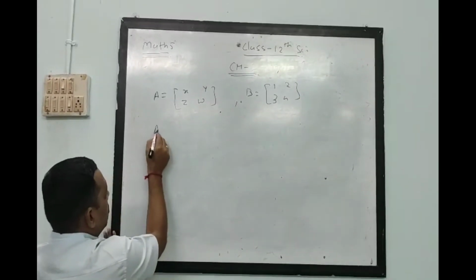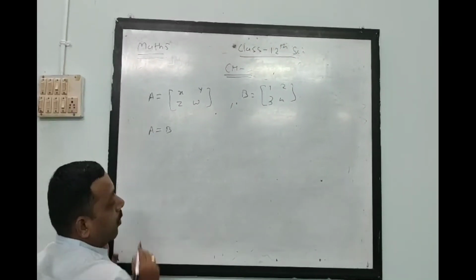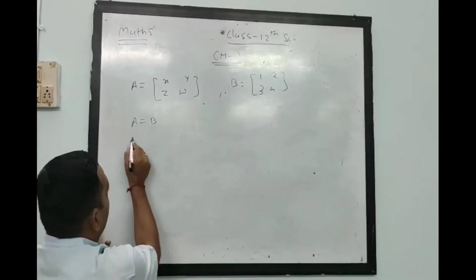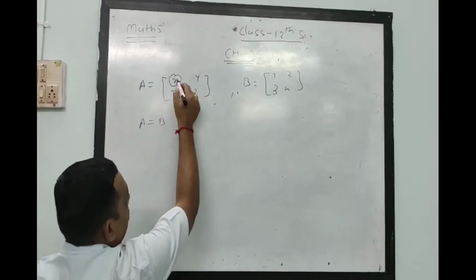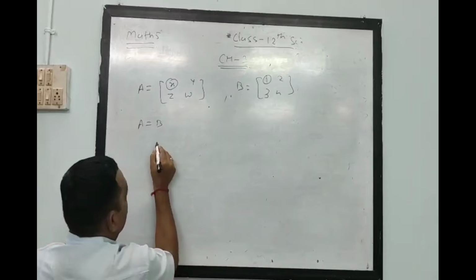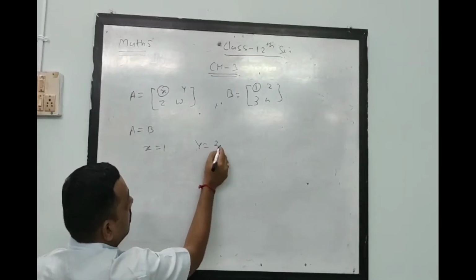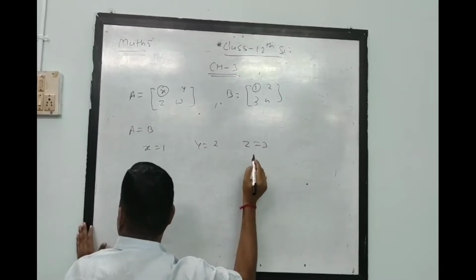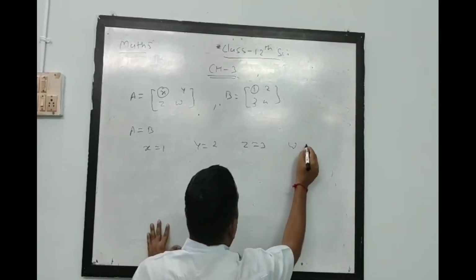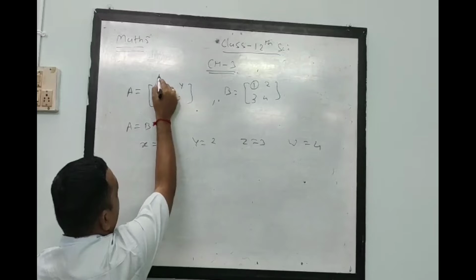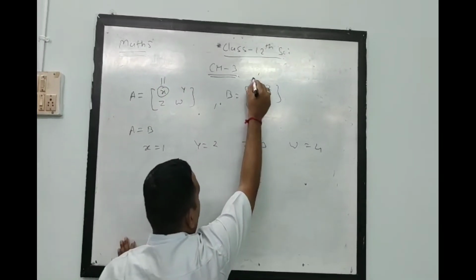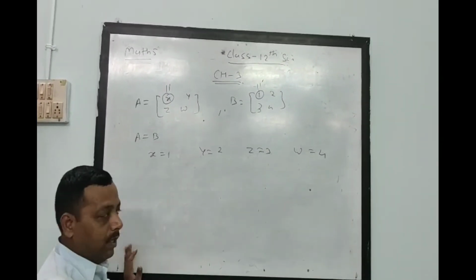If the question is A equal to B, then we can equate first entry with first entry. So x is equal to 1, y is equal to 2, z is equal to 3 and w is equal to 4. We equate first row first column with first row first column of B.